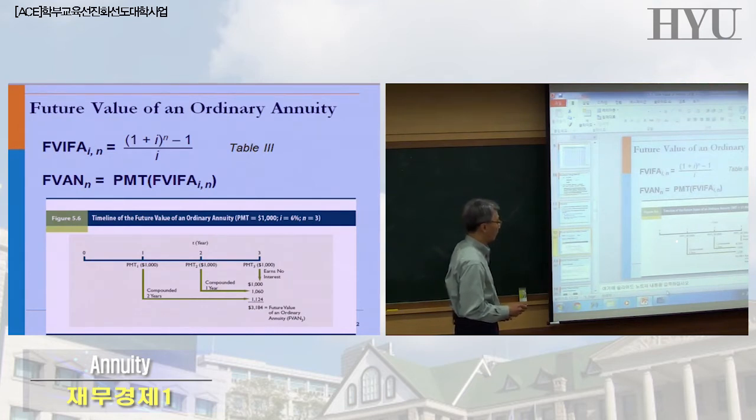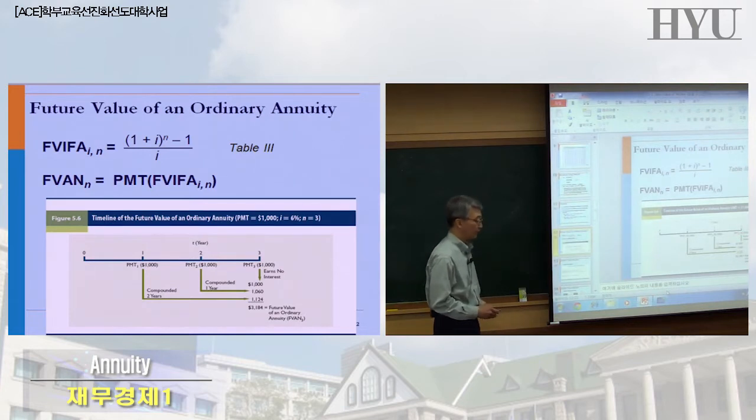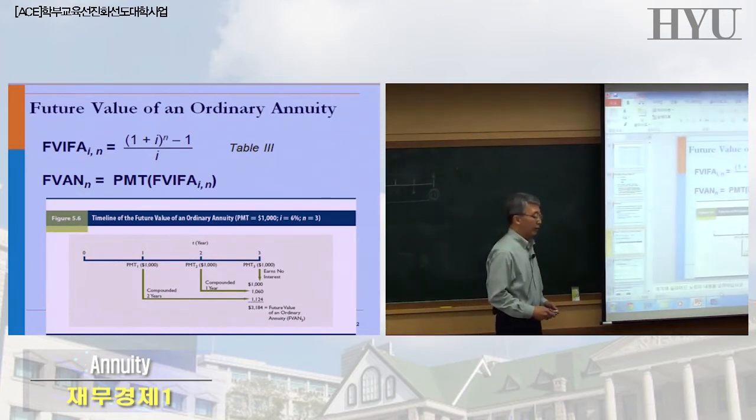But there is a $1,000 payment. Payment is the amount of cash flow at each period. So at the end of the first year, there's a $1,000 cash flow. At the end of the second year, another $1,000. At the end of the third year, another cash flow of $1,000. And we're trying to find out the future value.